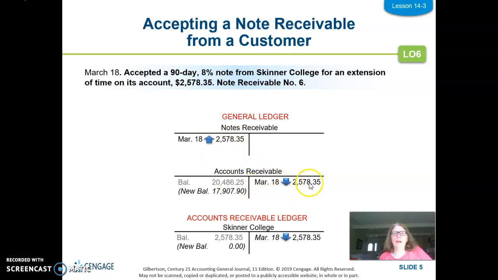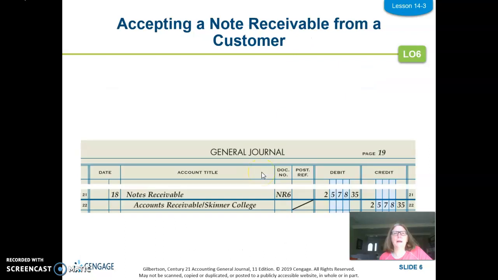Get rid of what they owed me and I'm extending time on, and debit the note receivable and update the ledger. So here is the transaction in the general journal, and again the source document is a note receivable. And don't forget your little slash here anytime that we're going to have to post to the general ledger and the subsidiary ledger.